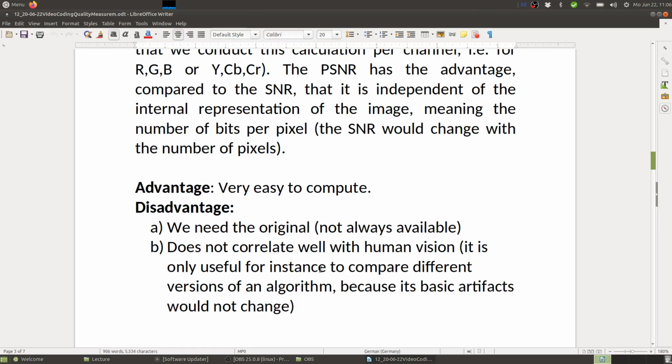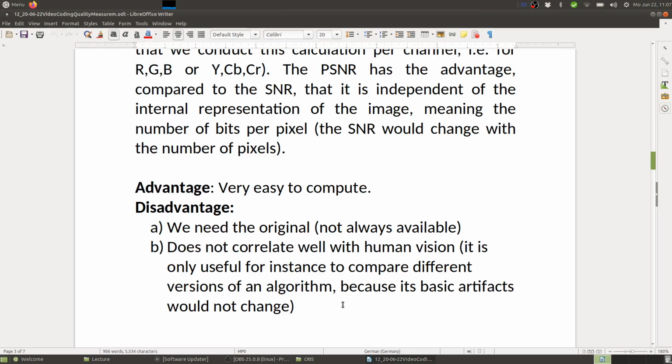It is only useful, for instance, to compare different versions of an algorithm because its basic artifacts would not change. And this was the case for H.264 and MPEG-2. They have the same principles. They are transform based, they are motion compensation based, only different tools are used.